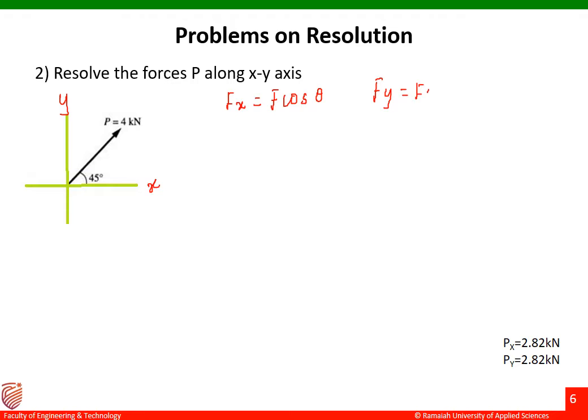Fx equals F cos theta and Fy equals F sin theta. The reason why we are using this formula is that the angle theta is made with respect to the horizontal. Now what is the value of force? F is 4 kilonewton. What is the angle made by force with respect to horizontal? It is 45 degree.